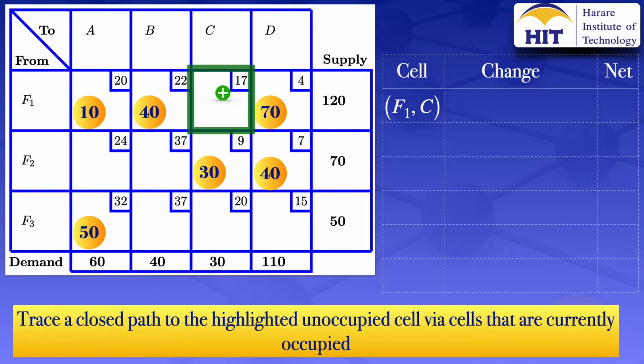So I add here and then move on to this occupied cell. Then I subtract. Then move on to this occupied cell and I add. Move on to this occupied cell, we subtract. Then back to that unoccupied cell.